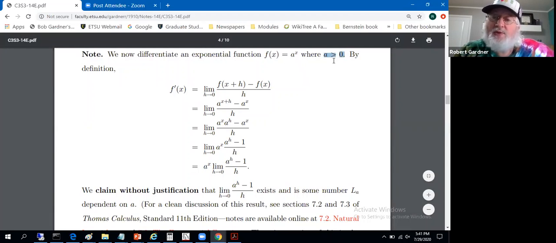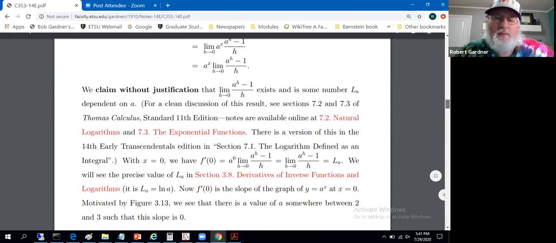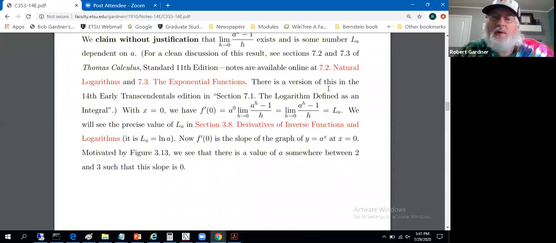You only consider exponential functions with positive bases, and you don't usually use a base of 1, so we haven't made that disclaimer. So a to the 0 is 1. We just replace that with a 1, and we get f prime of 0 is this limit, and this limit we're denoting L sub a.